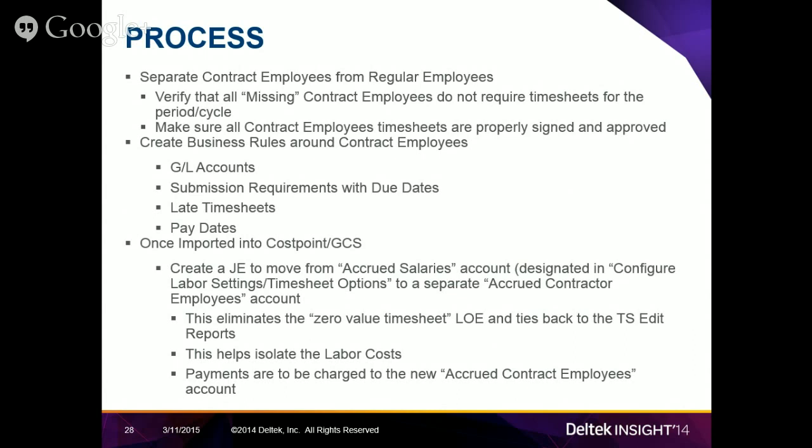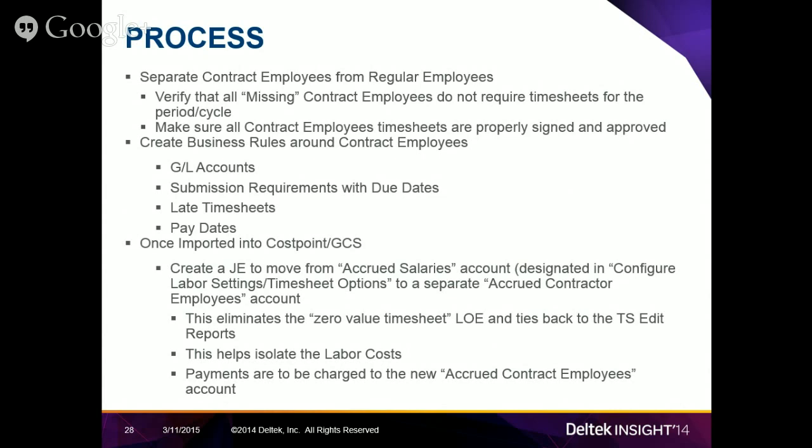And like I said, normally everybody would be paid whatever was on their salary info screen, and it would be just like an employee who comes to you and says, wait a minute, I was supposed to get a raise or this or that, and then of course you just make an adjustment. But it eliminates a zero timesheet by doing the journal entry, and it helps isolate the labor cost.